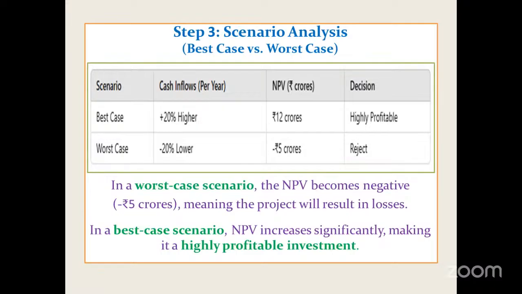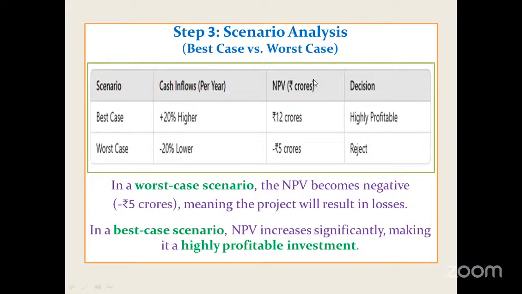In the best case, the cash flows per year are 20% higher and the net present value is positive, highly profitable, because there is no negative value in the net present value.